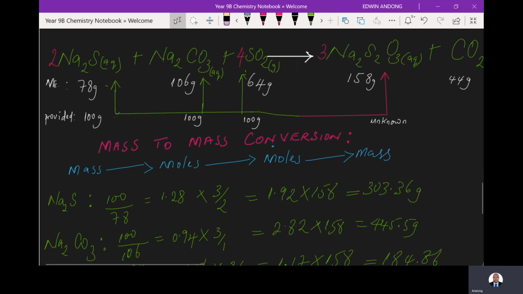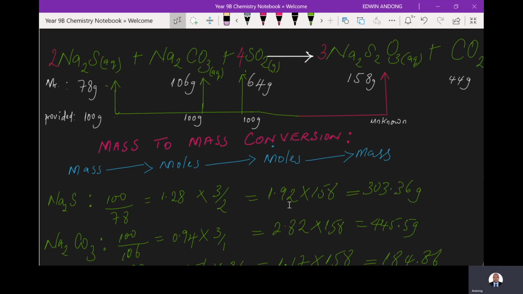So it is product all over reactant. In that case, we are taking 3 all over 2, and we will have the moles of sodium thiosulfate.